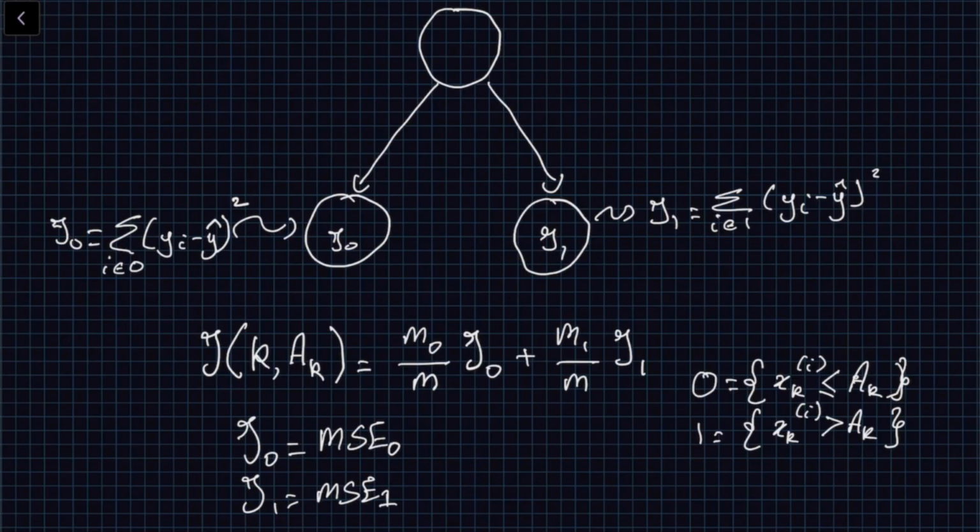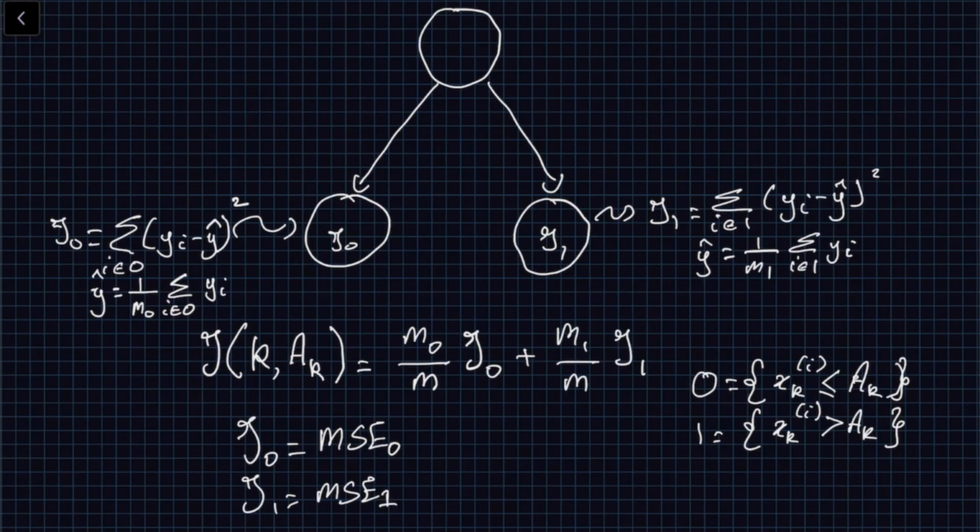Well, that's a good question. Actually, y hat is taken as the average over those points. So over here, your y hat would be 1 over m1. So you've got m1 points. You take the average over all y_i's that fall in class 1. And same over here. Your y hat would be 1 over m0, sum over i in class 0 of your points over there.